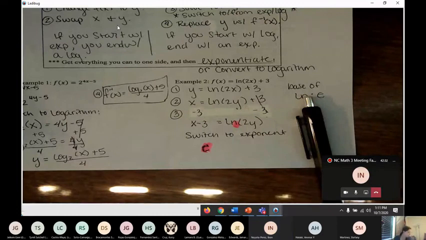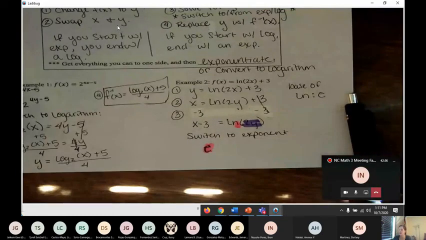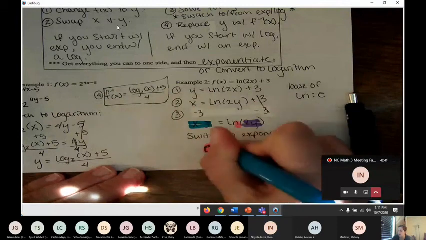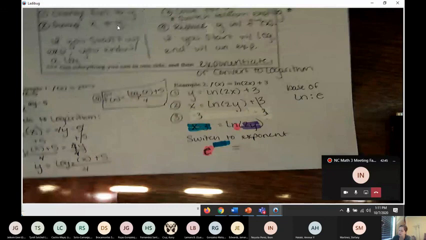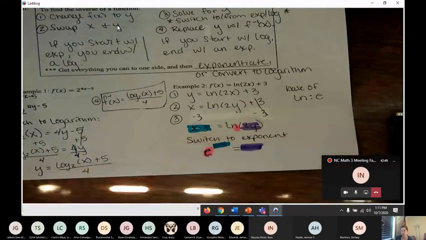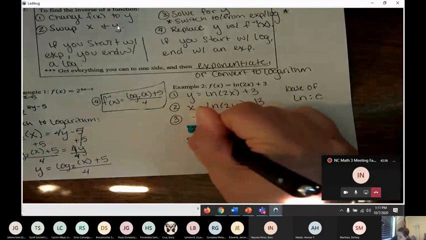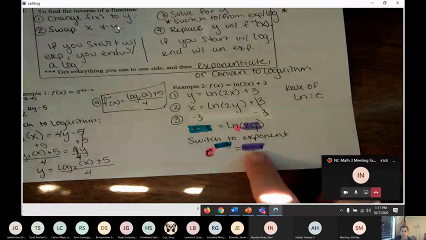Our answer was on the inside. And then the exponent was this thing. So I need to fill in my exponent here. And I need to set it equal to my answer. So what's the blue part? What is my exponent going to be? The x minus 3. Good. X minus 3. Ooh, my pen is not happy now. And then what am I going to write for my answer? It's y. Perfect.